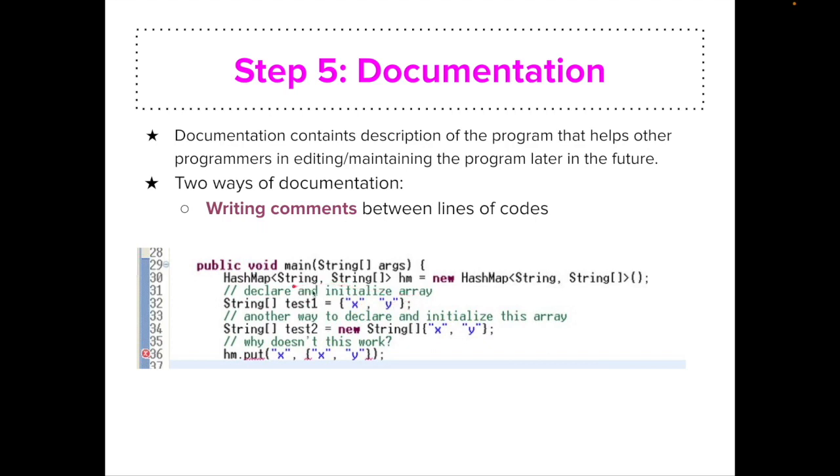Okay, by now there is no need to know what hashmap is, what array is. We will go through that in the future, in the next chapter. Don't worry. Okay, so the first way of writing documentation is writing comments between lines of code.